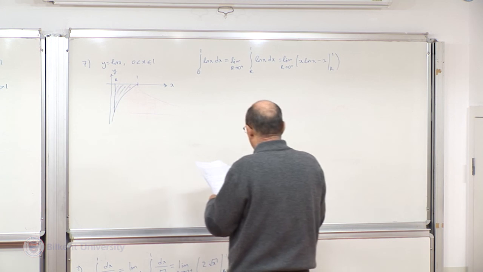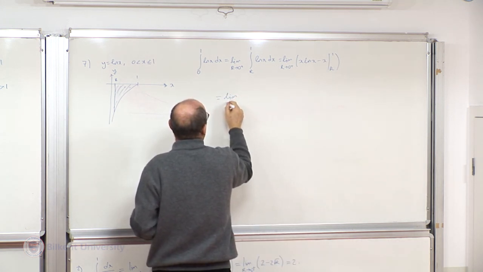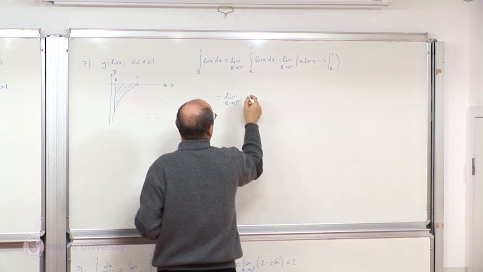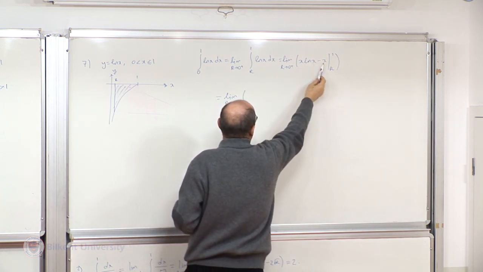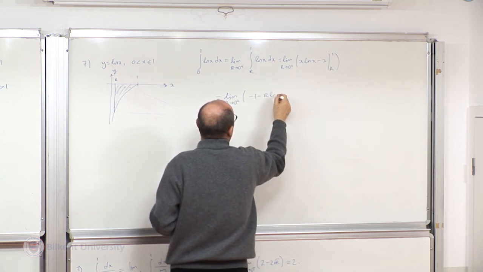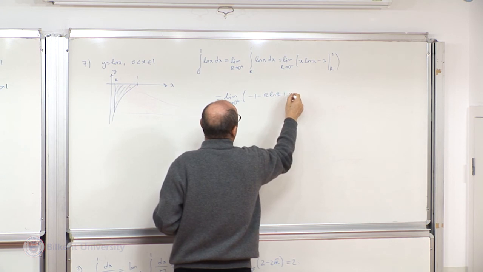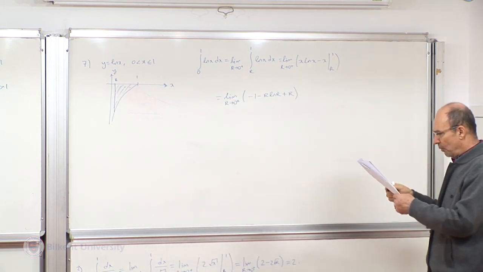Let's evaluate this. Limit as r goes to 0 from the right. When you put x equals 1, ln 1 is 0, you get minus 1. Then minus r ln r plus r. You want to take the limit of this.